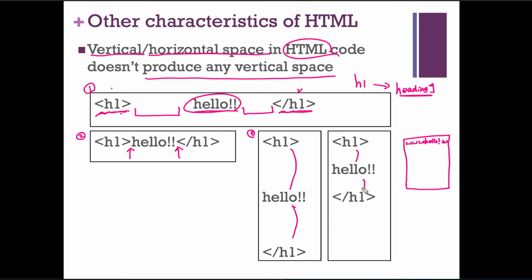So what I am telling you about the characteristics of HTML is that a space vertically like this here, or horizontal space here, doesn't count. In other words, it doesn't produce any space at all.